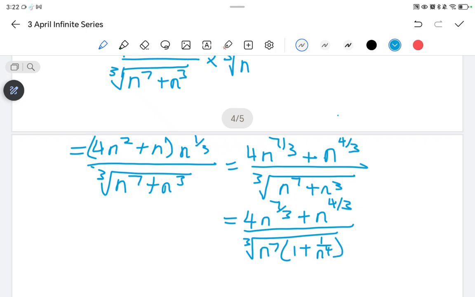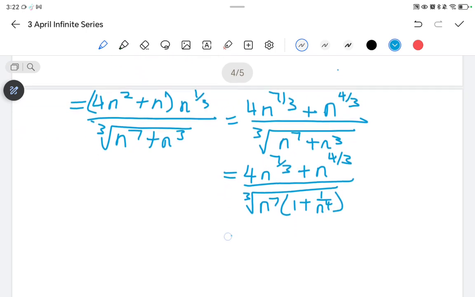Right, and then this will be n to the 7 over 3, 4 plus, and then this one will be 1 over n. You can try to check that. How did we find that? Now you can say this.